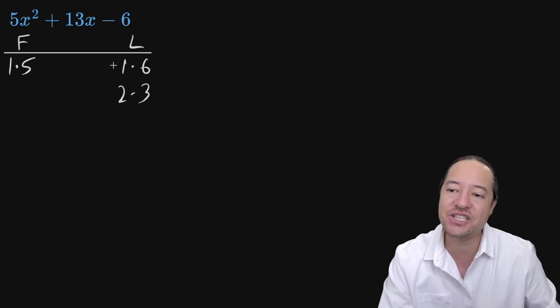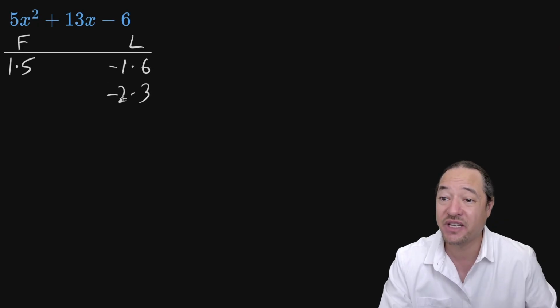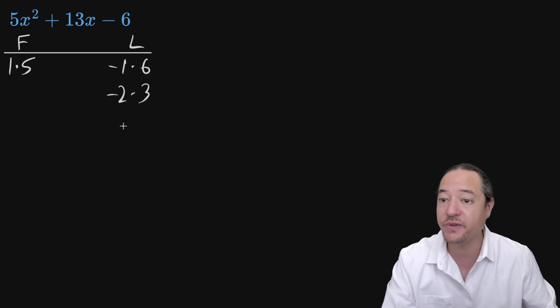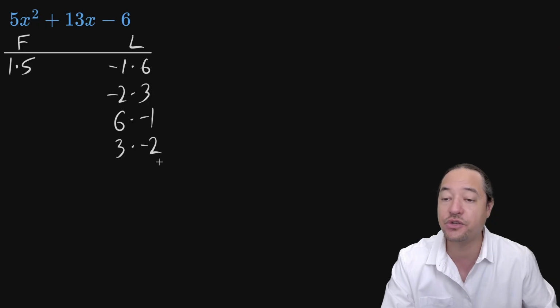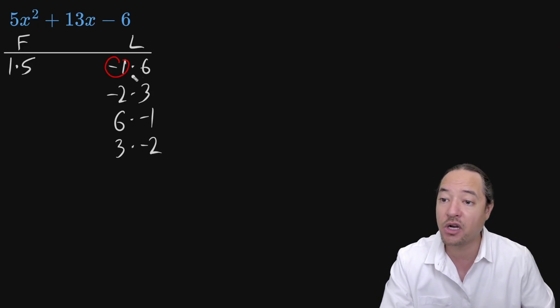And so let's just assume the first one is negative here, okay? So this is going to give us the possible combinations we have to look at. But of course, remember, you could flip these, right? So if we flip them, we're going to get a combination here of 6 times negative 1 and a 3 times a negative 2. So that's another option. And then maybe we were wrong about having the negative on the 1 and the positive on the 6.